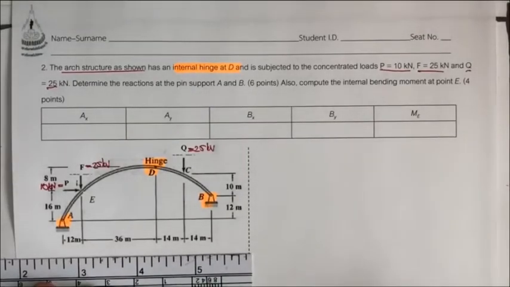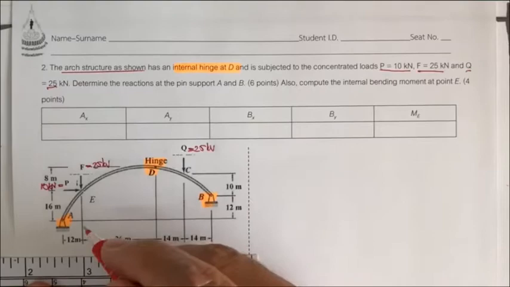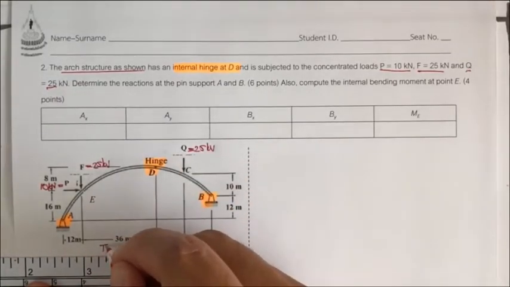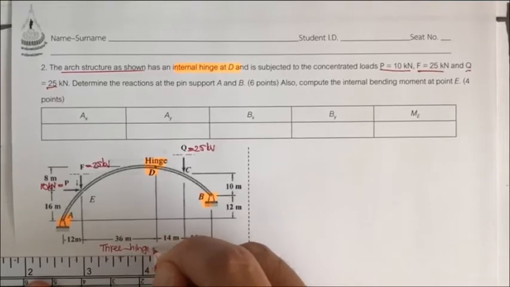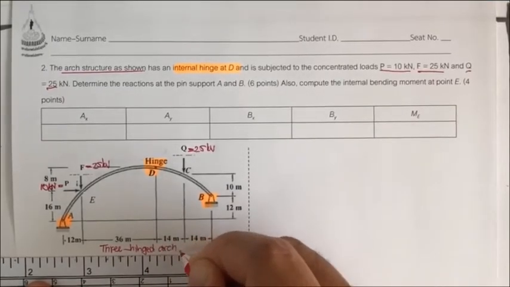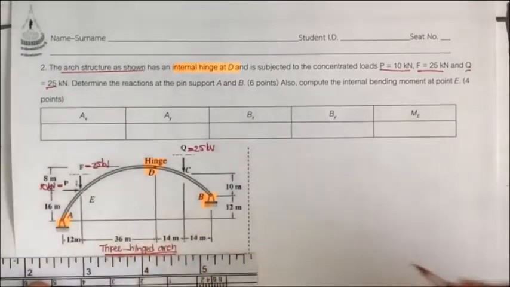And as you may know from the lecture, this type of arch has pin and hinge. We call this three hinges arch. Okay, it is a kind of statically determinate arch.